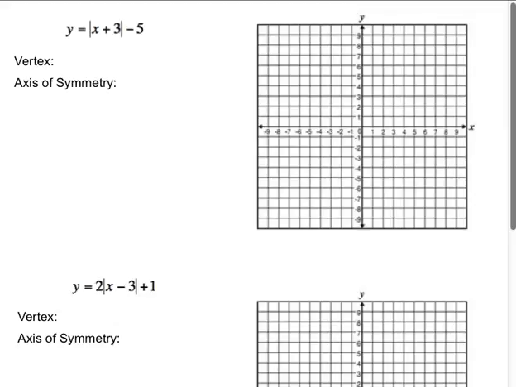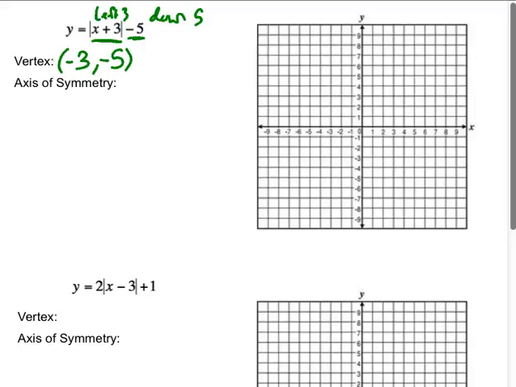What you need to know is that you're talking about a V shape though, okay? And what you saw is, remember, the vertex followed this transformation. So that is left 3, down 5. So my vertex follows that. Left 3, down 5.